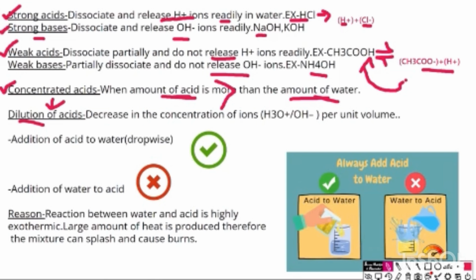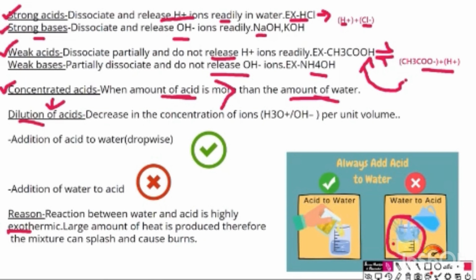Concentrated acids cannot be diluted by simply adding water as we have added earlier. Acids are very corrosive, so when we have to dilute concentrated acids, we cannot directly add water to the acids, because the reaction between water and acid is highly exothermic. Exothermic means a large amount of heat is released in this process.